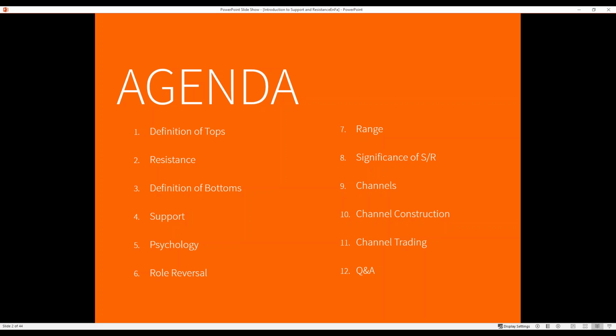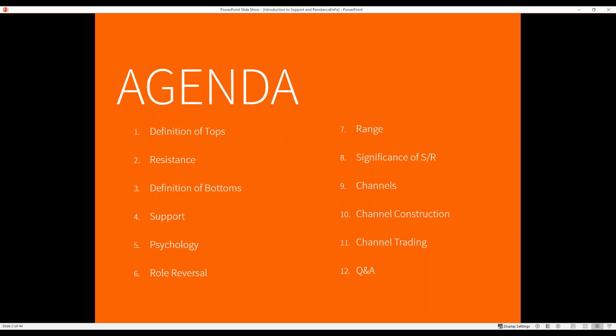And similarly, we're going to define support and resistance. You are going to see a very nice slide about the psychology behind support and resistance. And you will realize how traders think.